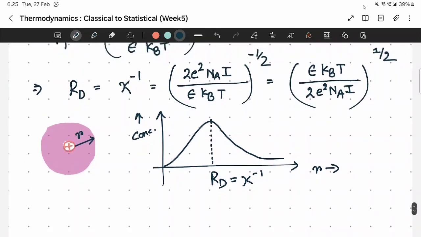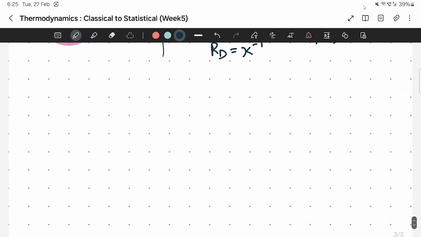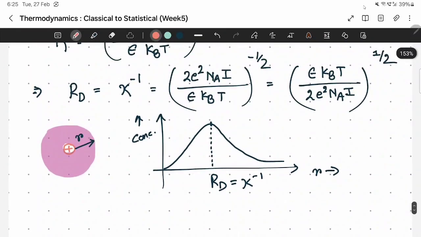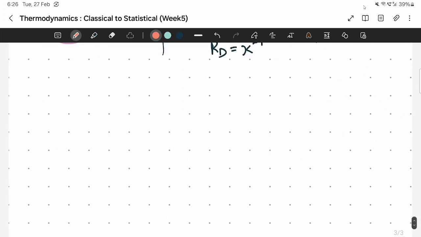Okay, so if you look at the expression of RD, kB is constant, Na is the Avogadro number, that is constant, and e is the electric charge of the electron, that is also constant. Depending on the solution, if you change the solution, then epsilon will change, temperature can be changed, and ionic strength can also be changed. Now for our cases, RD1, RD2, RD3, three electrolyte solutions are given.